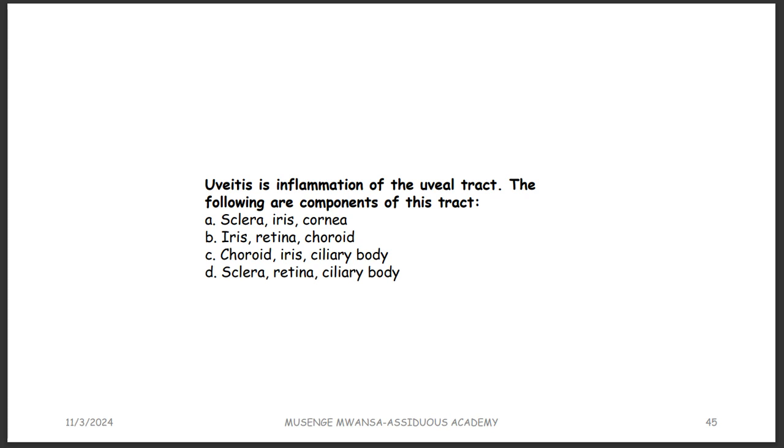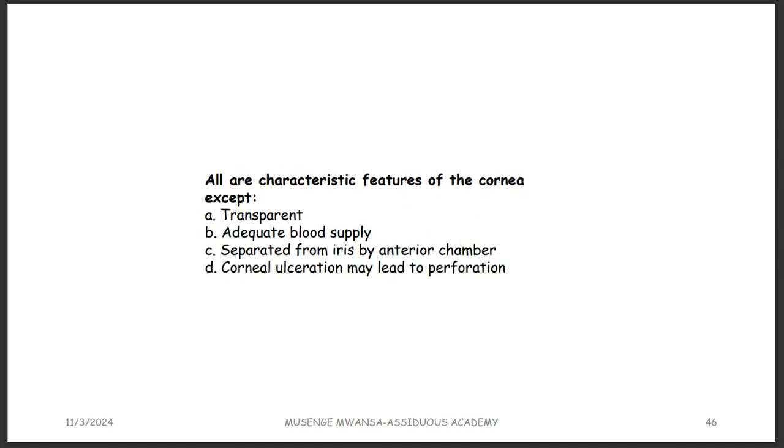Okay. So it's the iris, the ciliary body, and the choroid. So this uveal tract is basically that second layer of the eyeball, the vascular layer, which has the iris, the ciliary body, and the choroid.